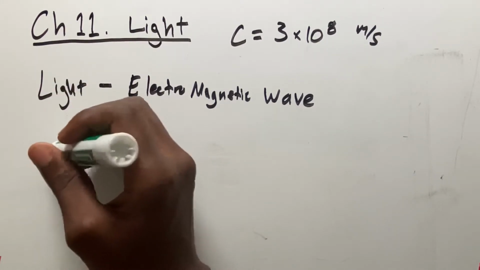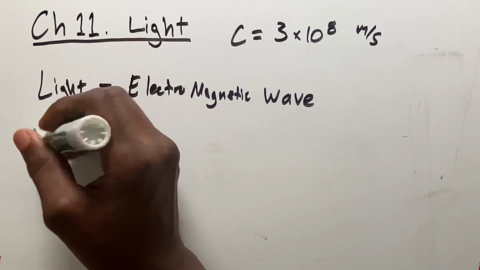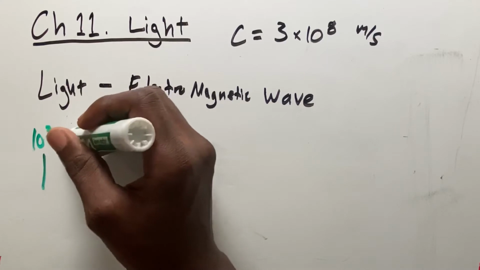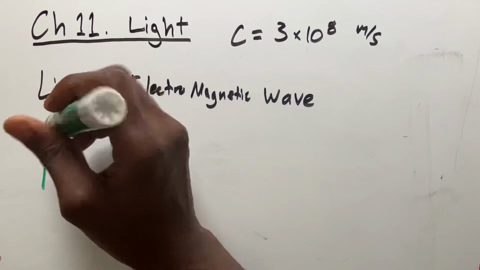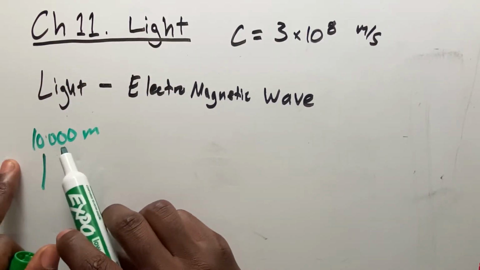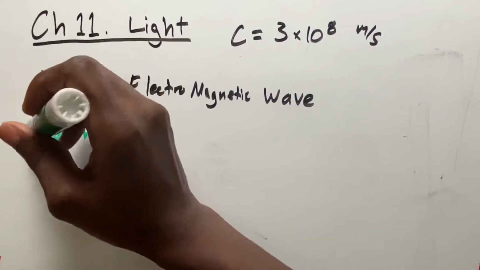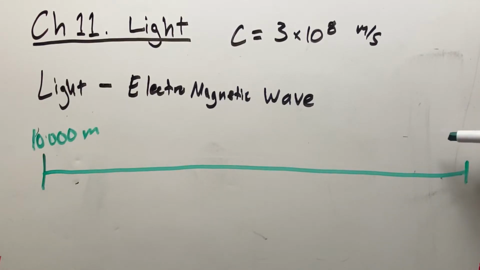So let's say down here is about 10 to the 3 meters. I'm going to write it like this so you can see the difference. So this is basically 10, 1, 2, 3 meters. So this is really, really long. And then down over here, we have 0.12341 meters.